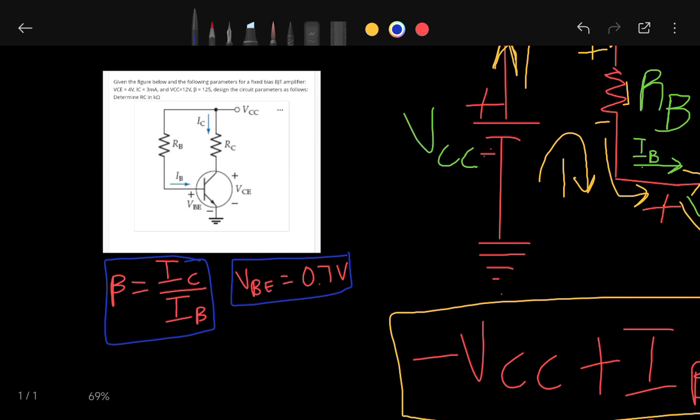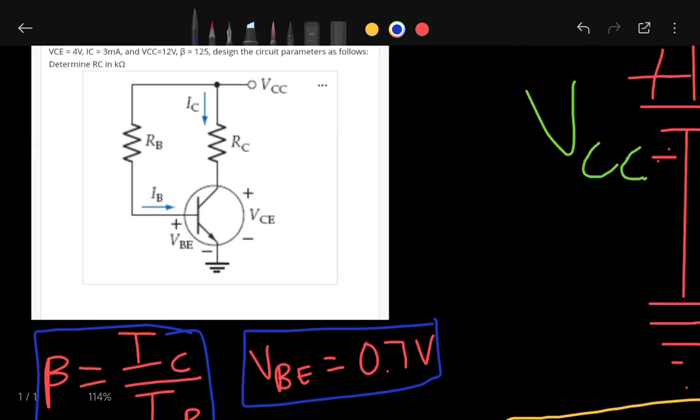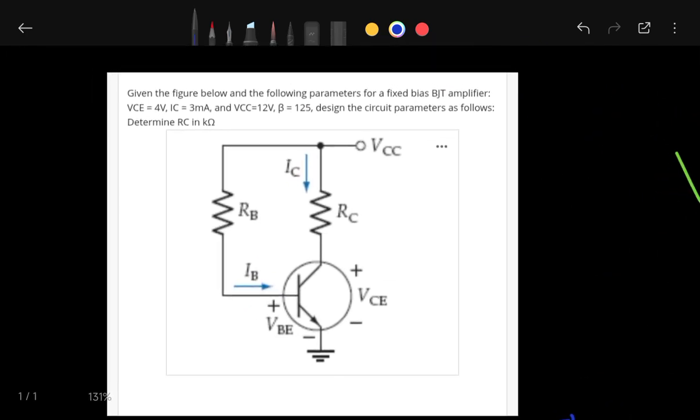After applying KVL, you have your equation, and from the equation you just plug in the values and solve for the unknown. So that's all for this video.